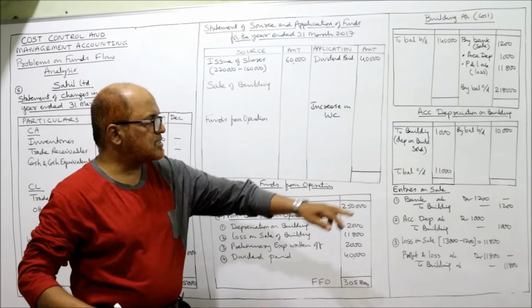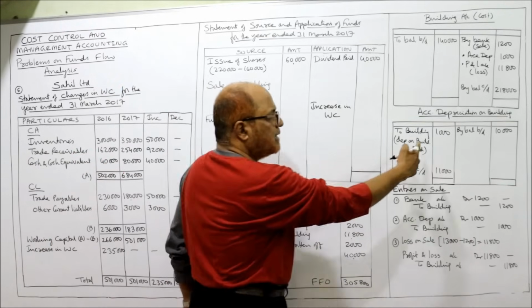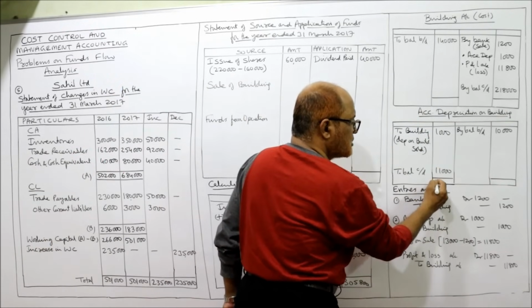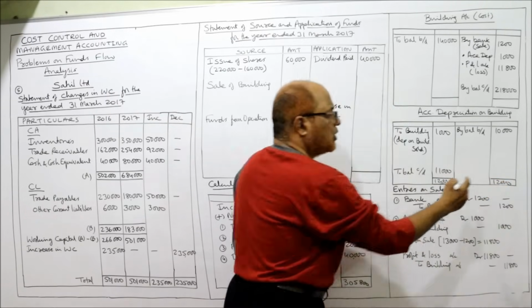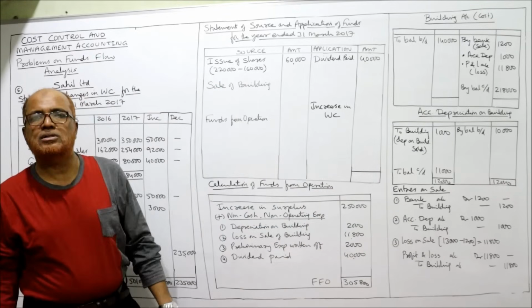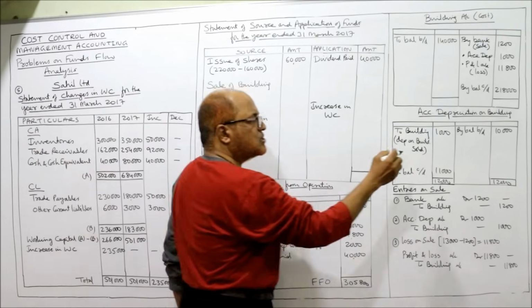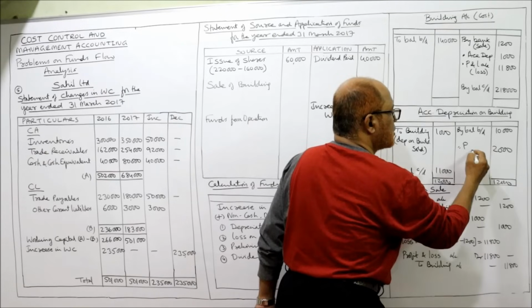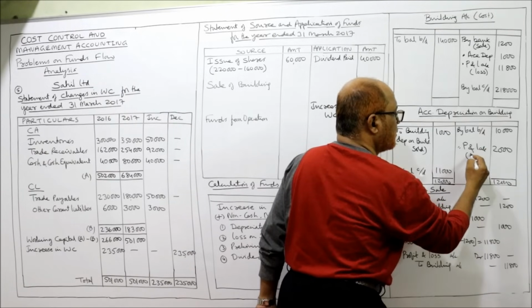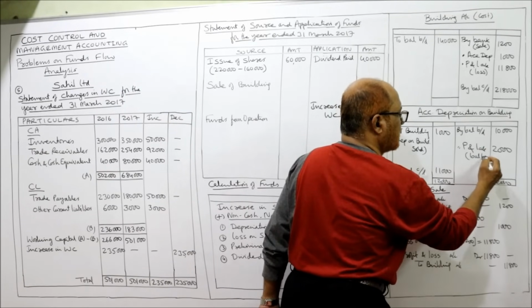Now we will find out how much is the depreciation for the year. Debit side you can see 1,000 plus 11,000 is 12,000. Here also I will take 12,000. So 12,000 minus 10,000, 2,000. This 2,000 is the depreciation provided during the year. So by profit and loss account, balancing figure, it is not given in the problem.